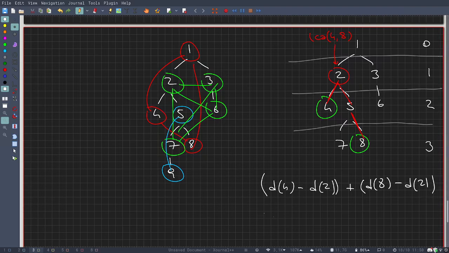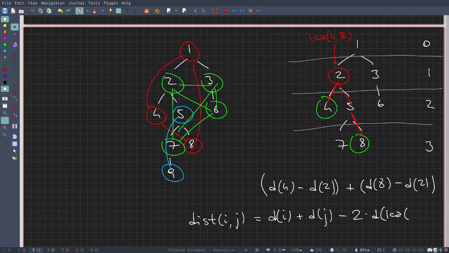In general, the distance between I and J is depth of I plus depth of J minus 2 times depth of the lowest common ancestor of I and J. Okay, the only remaining part is how to calculate the lowest common ancestor, but trust that you can calculate it in constant time, O of 1. Okay.